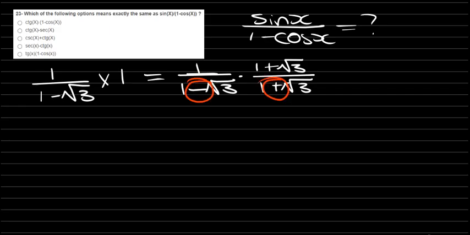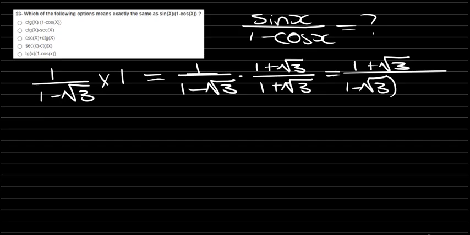So the conjugate means that we invert the sign. Okay, so what happens here is that we get 1 over 1 minus root 3 multiplied by 1 plus root 3 over 1 plus root 3.